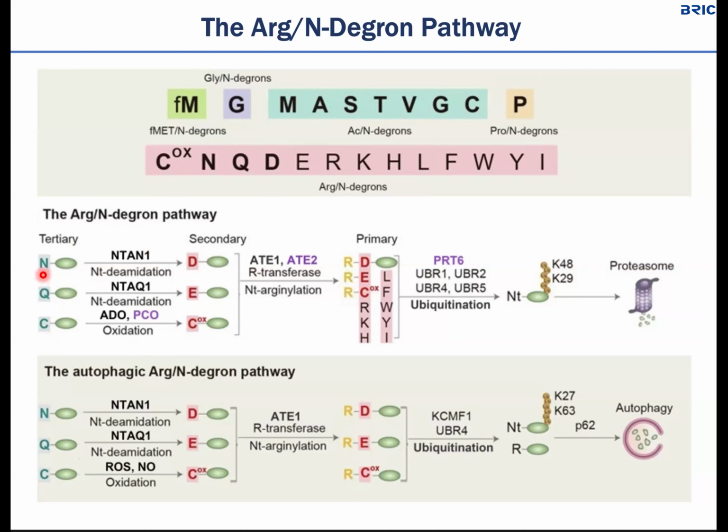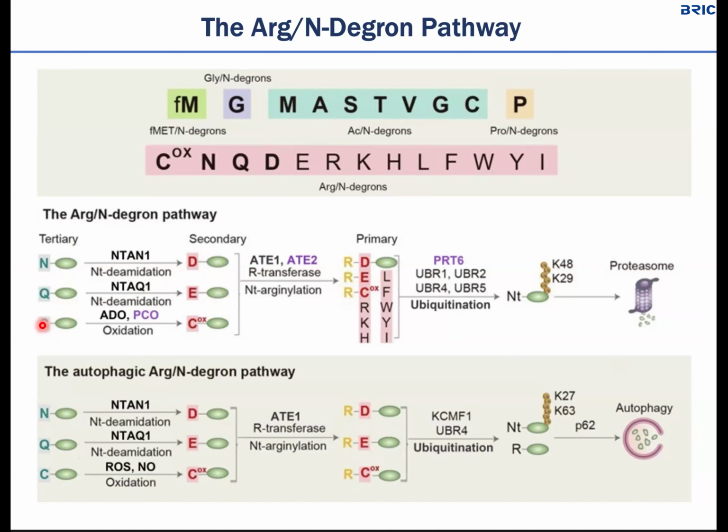Specifically, N-terminal asparagine and glutamine can be deamidated via NTAN1 and NTAQ1, respectively, to yield aspartic acid and glutamic acid. These residues are then selectively recognized by the ATE1 arginyltransferase enzyme, which conjugates L-arginine from high-energy arginyl-tRNA molecules to the arginylation-permissive N-termini of substrate proteins.